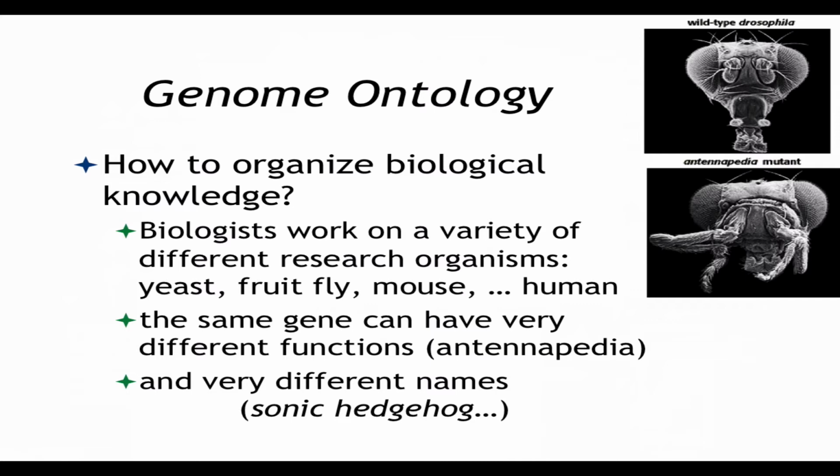Strangely enough, the biologists actually got together, created a working group, and came up with a consistent set of functional annotations for genes, pathways, and functions. It's called the gene ontology.